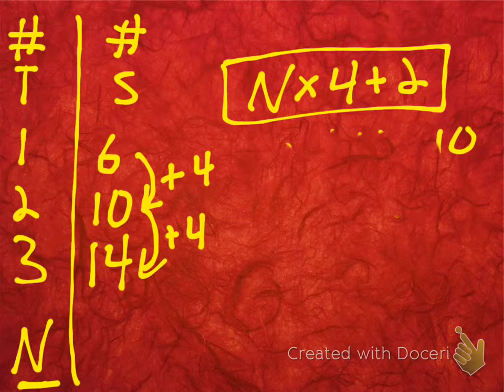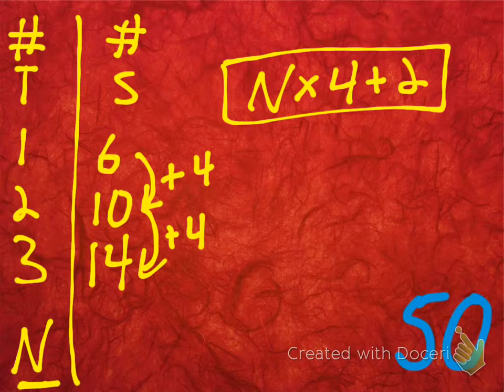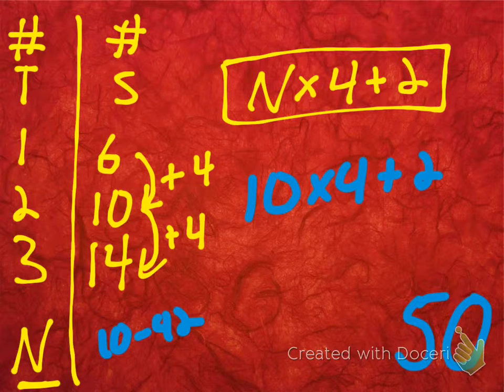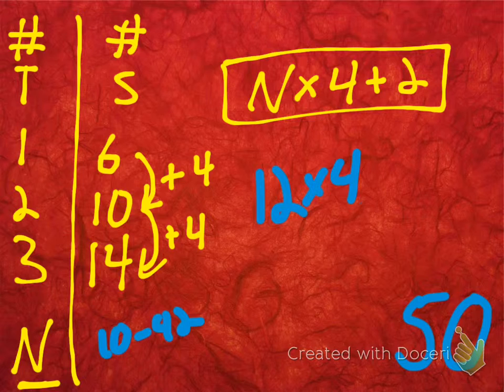If we're looking at this rule, how many people do we want to sit? 50. We want to accommodate 50 people. So give me a number of tables that you think. Let's just start guessing. 10. 10 times 4 plus 2 is 42. So 10 gave us 42. Not quite there. 12 times 4 is 48.